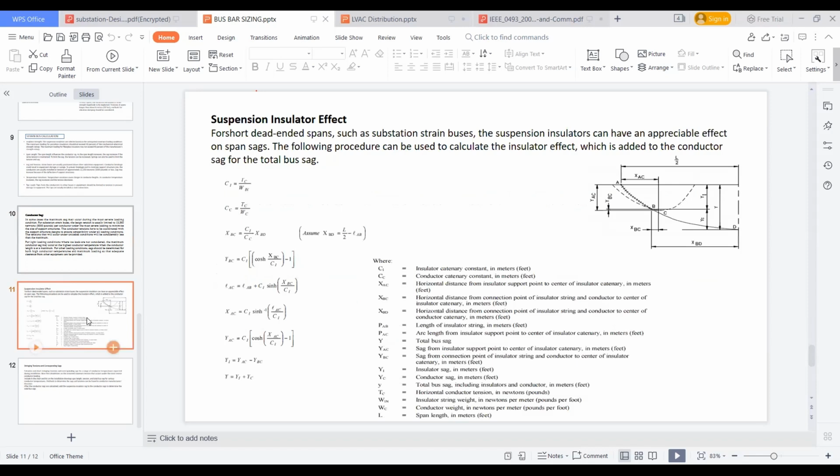And the support has suspension insulators, right? I am stringing the conductor between the two structures with suspension insulators. These suspension insulators will also add some conductor sag to the total sag.